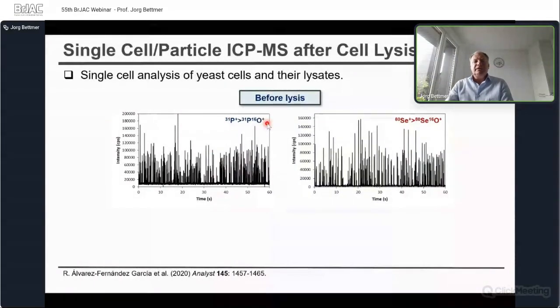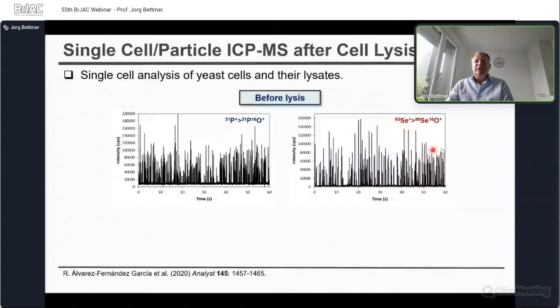Here you see a typical example detecting phosphorus as a marker for an intact cell, because it is present in DNA, in ATP, in phospholipids and other compounds. So whenever you get a signal for this phosphorus, you can be sure that you have an intact cell.